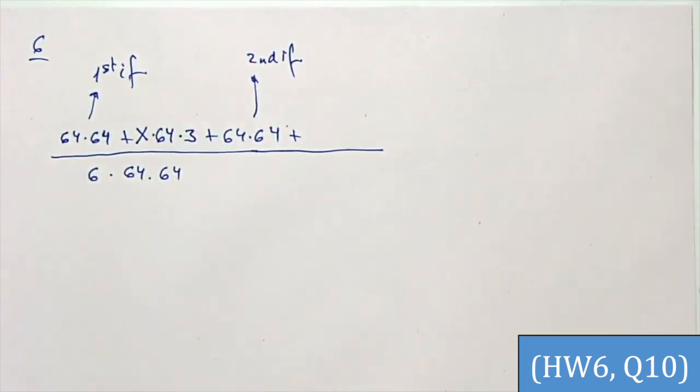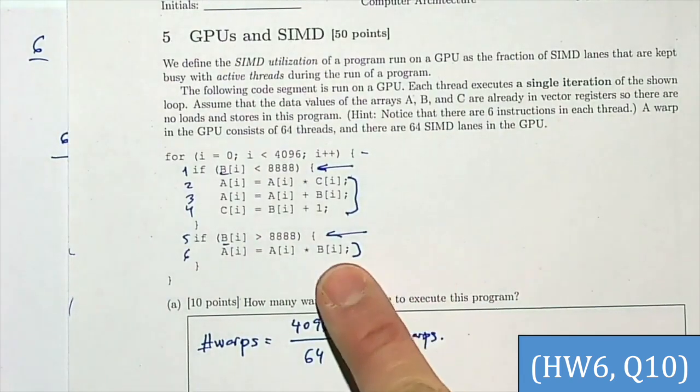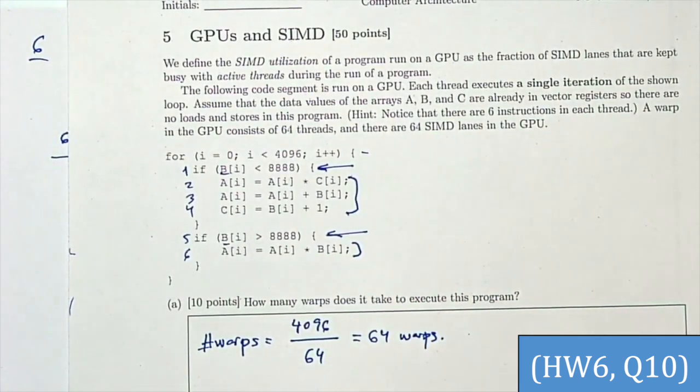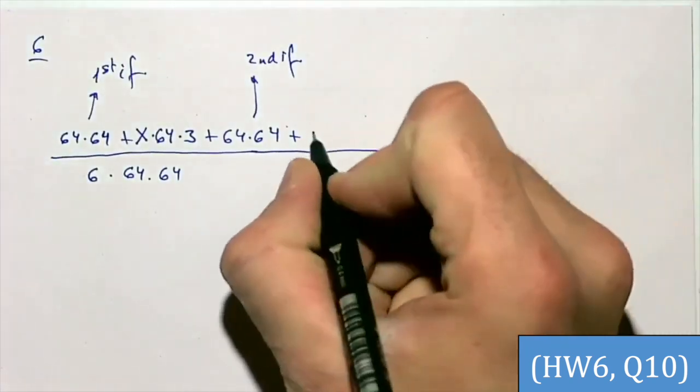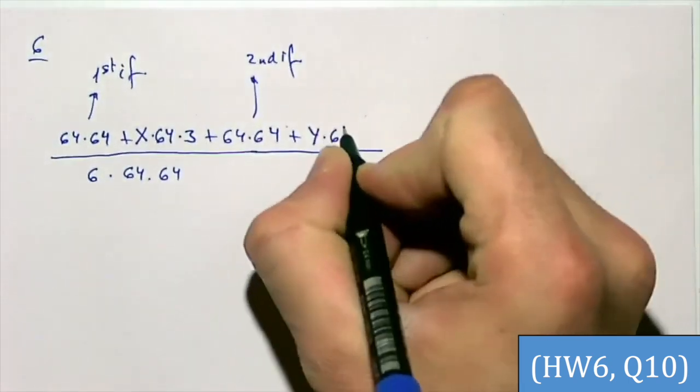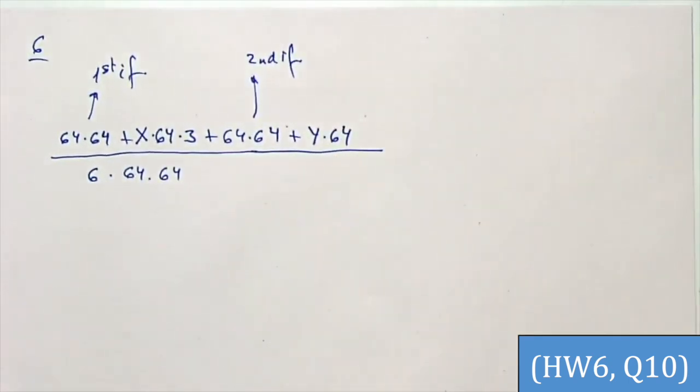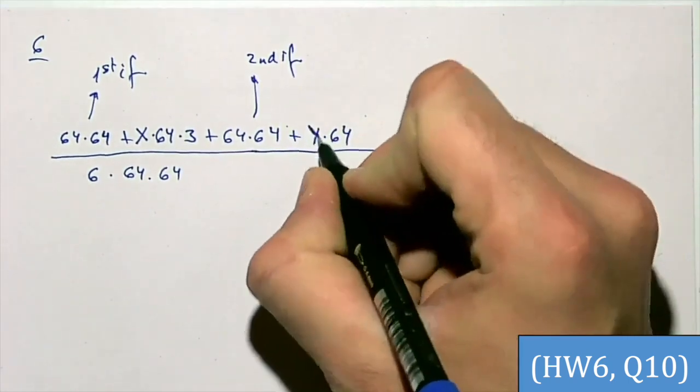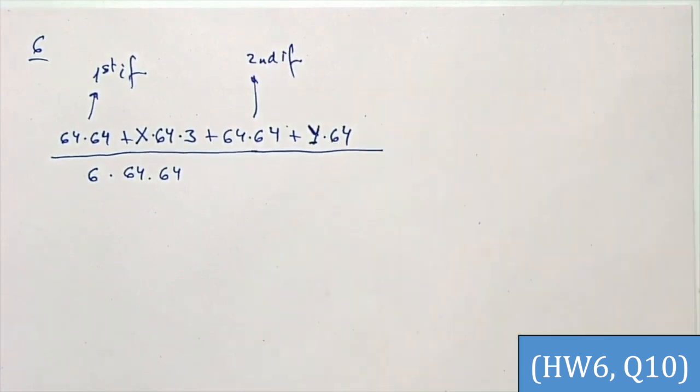And there is also a number of threads, Y, in every warp that executes that 6th instruction. This is Y, it's not 4, just to make sure. Okay?